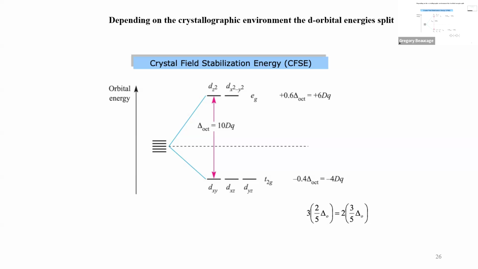Band gap is something different. Yeah, it also absorbs photons, that's the electrons. This is for an isolated atom.